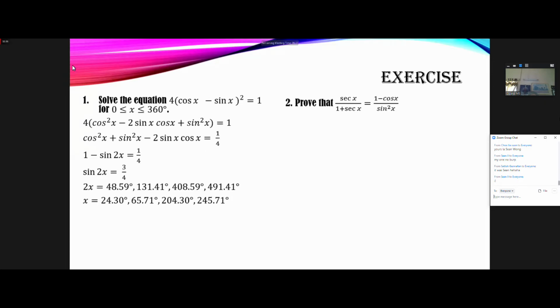So siapa dah hantar can prove it? Still not yet.